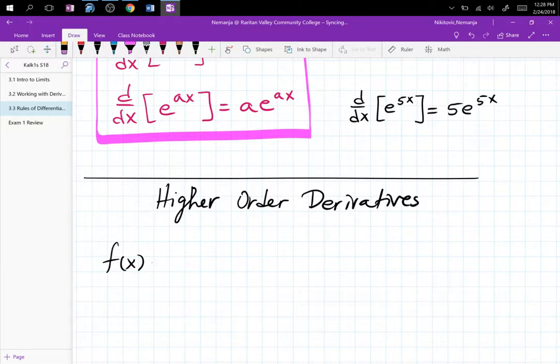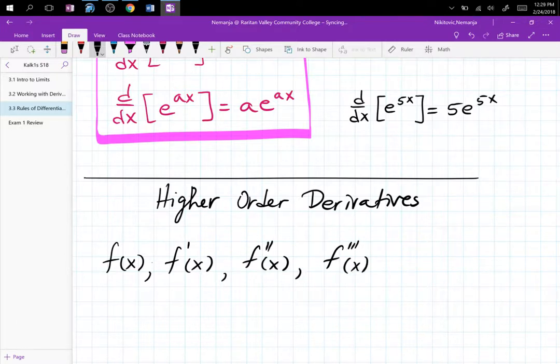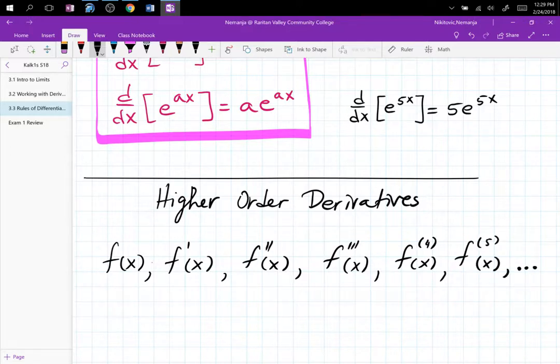It's the function. And then you have f prime, first derivative, f double prime, second derivative, f triple prime, third derivative, and then the notation switches to a little number because it gets annoying with the tick marks. Then you have to go and really stare and count the tick marks. So the notation changes into this one.